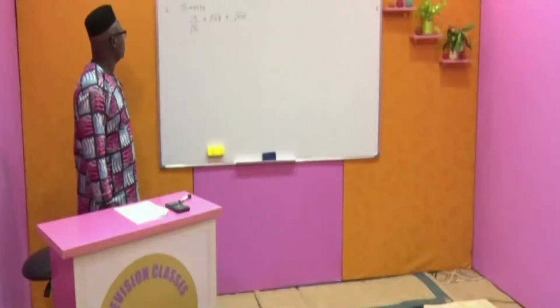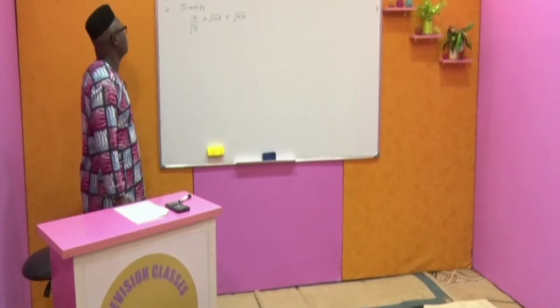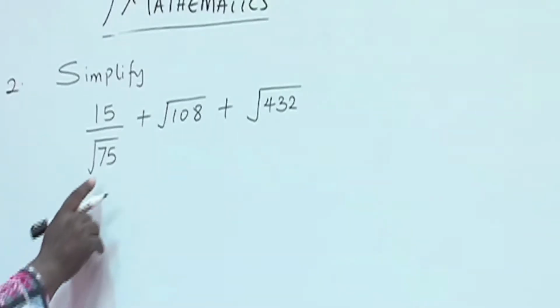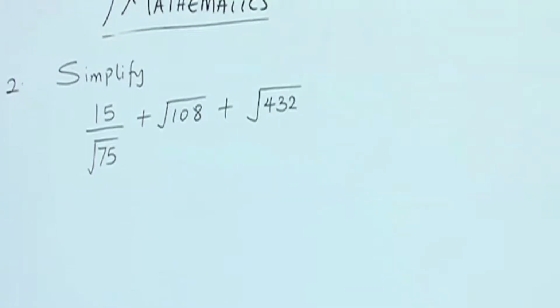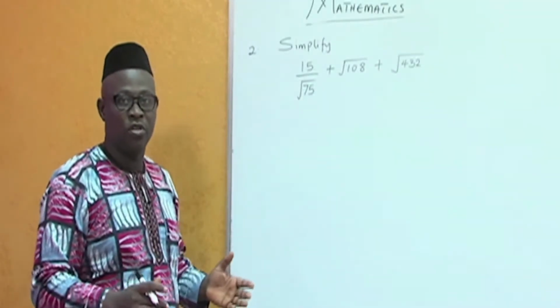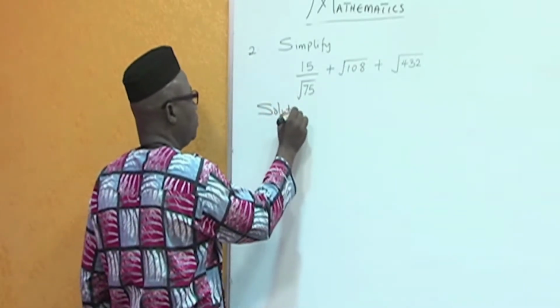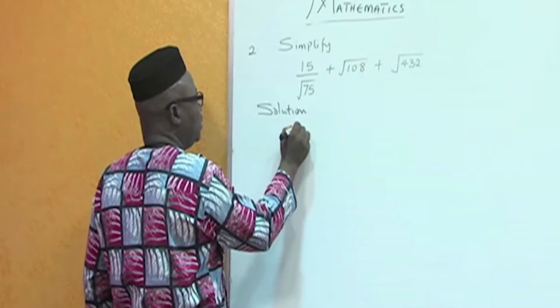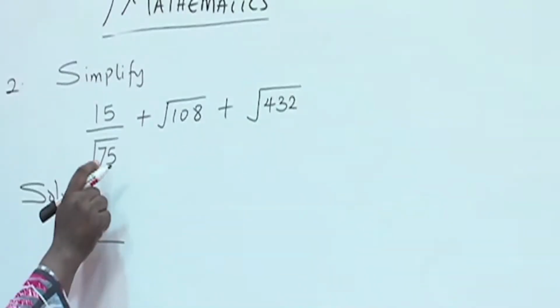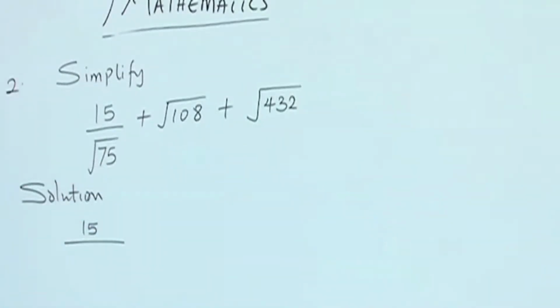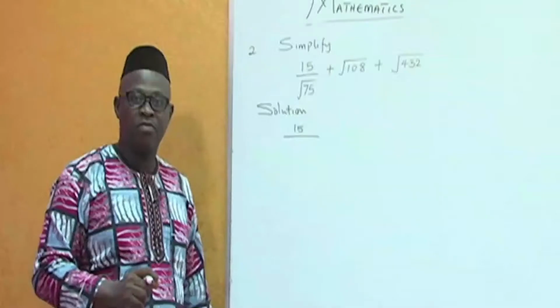This is another question we are required to simplify. If you look at this, we have a surd in the denominator, and that surd can be simplified. So I'm going to start with the simplification of that surd. So the solution of this, I can say 15 divided by root 75 can be broken down using the perfect square.